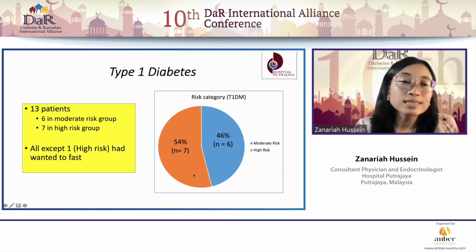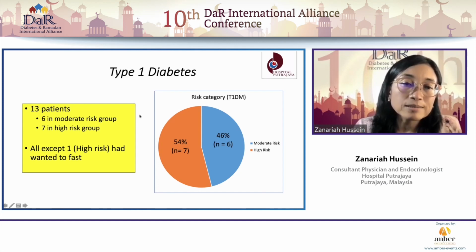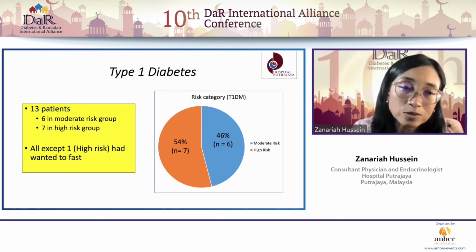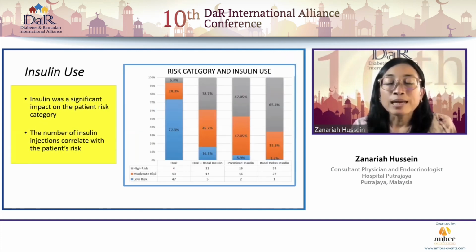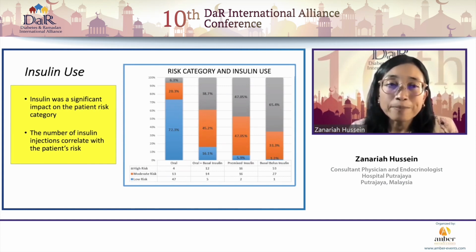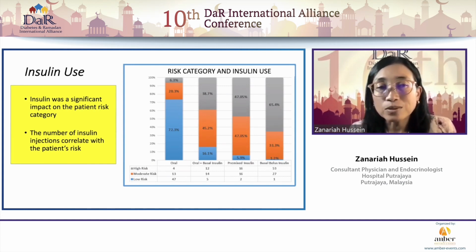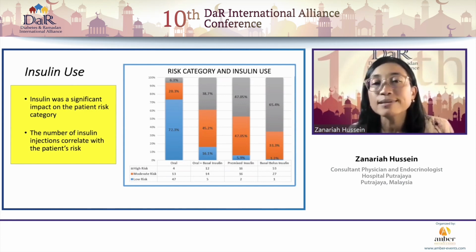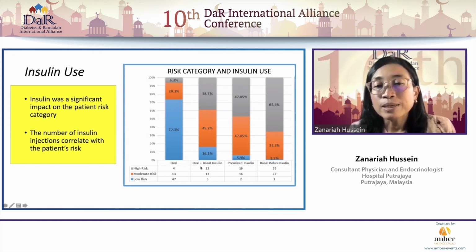So these are the type 1 diabetes profile. I mentioned we had about 13 patients only, which was 6% of the entire cohort of patients. And of course, just being type 1 diabetes and having insulin on board would already identify them into the moderate and high risk group. Insulin use was probably the greatest factor that contributed to whether someone would be placed into a moderate or high risk category, as we can see here.